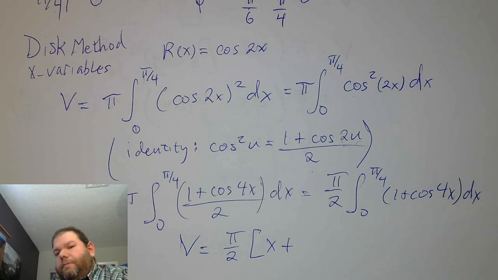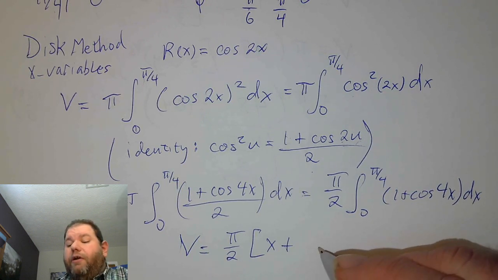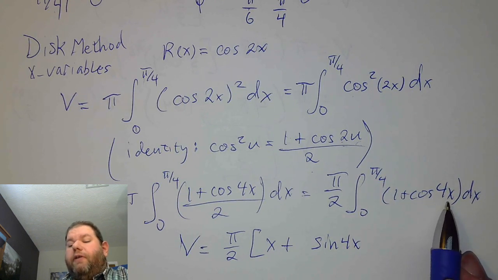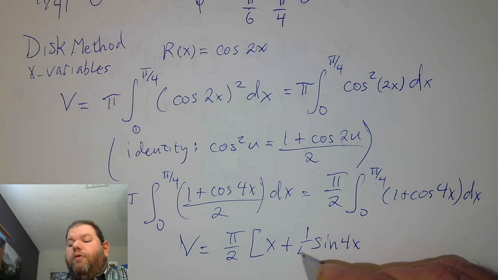Anyone recall? Normally we say the integral of cosine is sine, but if the angle is something besides just plain x, we have to take that into account as well. So the integral of cosine 4x would certainly still be sine of 4x, but because we have an angle of 4x inside, we'll need an extra 1/4 outside that sine of 4x.